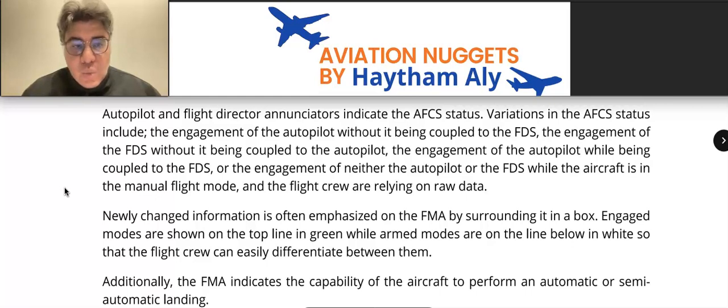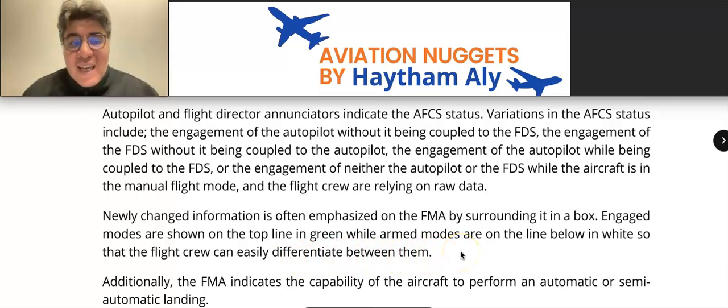Okay. What other information can we say about the flight mode annunciator? Newly changed information is often emphasized on the FMA by surrounding it in a box. Engaged modes are shown on the top line in green, while armed modes are on the line below in white, so that the flight crew can easily differentiate between them.